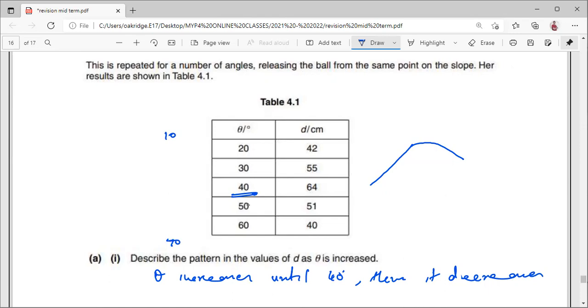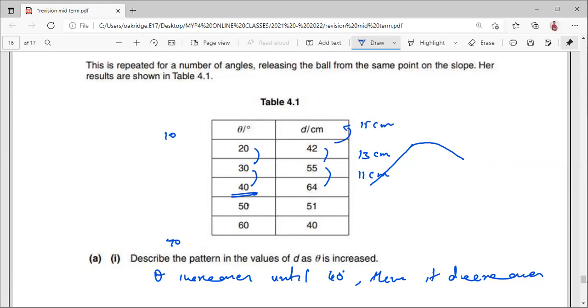Now you see, a difference of 10 degrees here increases this value from 42 to 55, which is equal to how much? Maybe around 13 centimeters. Another increase of 10 degrees increases this by how much? 64 minus 55, 11 centimeters. 11, 13, previous one could be 15 centimeters, right?